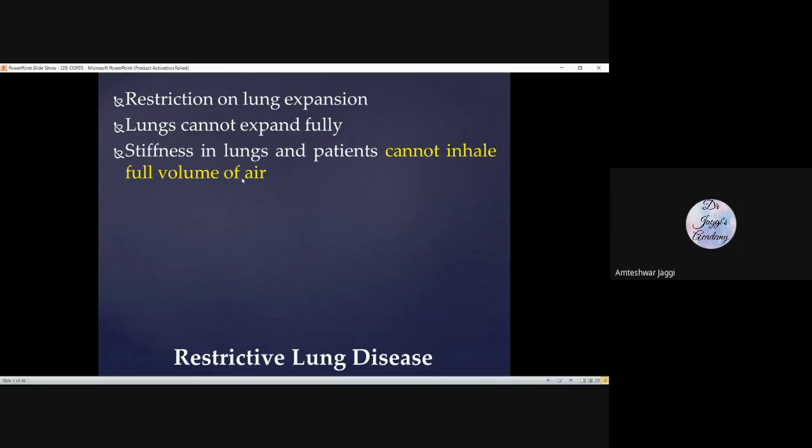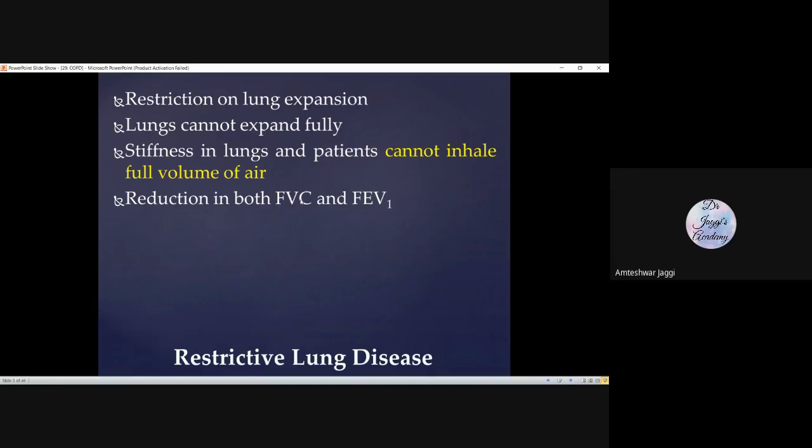The amount of air that can be inhaled cannot be that much. That will not be the normal value. It will always be a lesser value, not the full volume that is inhaled. So ultimately, two values are reduced, both FEV1 as well as FVC, as we discussed in the previous slide.